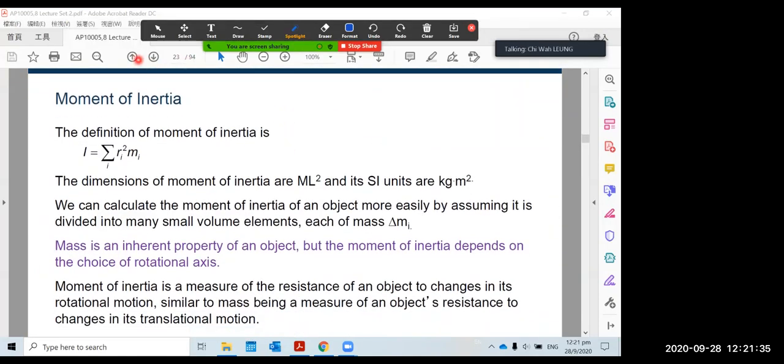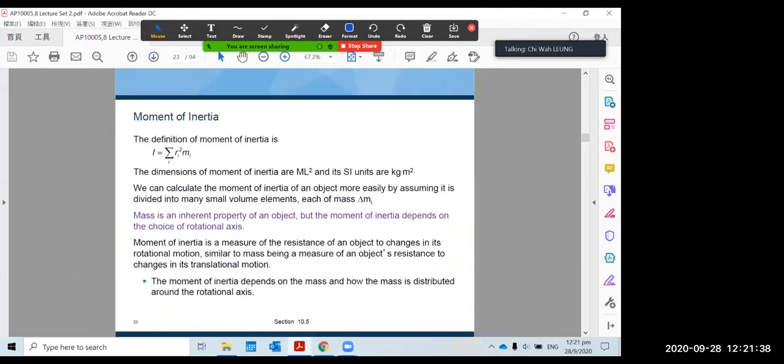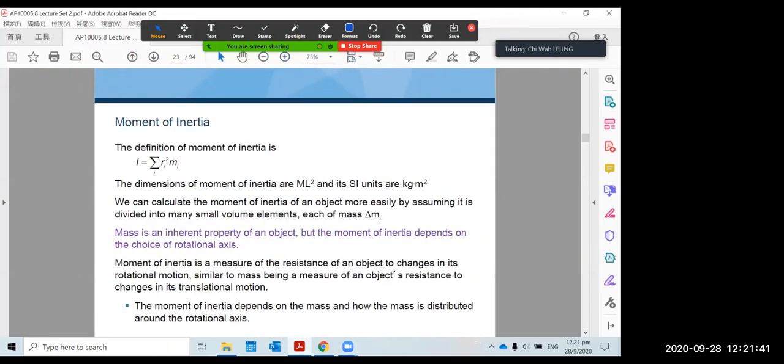So the definition of the moment of inertia, just to quickly summarize, is the sum of the m r squared for all the particles in a rotating object. And the SI unit is, of course, kg times meter squared. And this is the inertia of a rotating object. A very important difference between the inertia in a rotating object and the inertia in a linearly moving object is that mass in the linear motion is an inherent property.